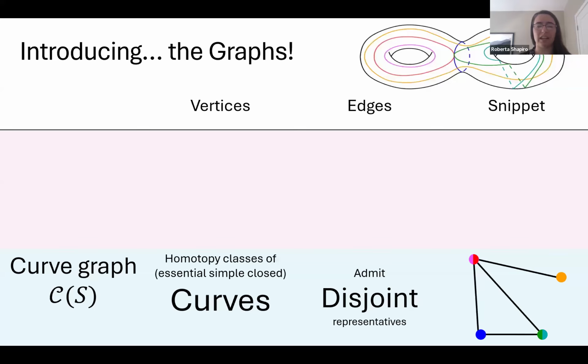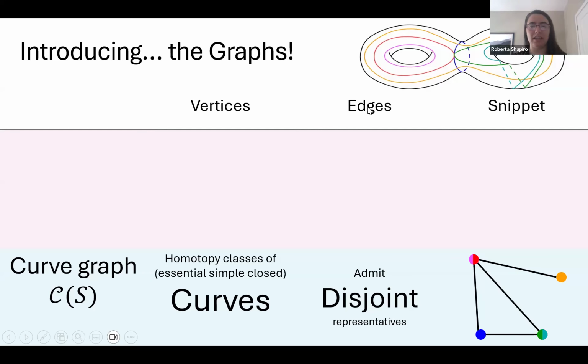A curve, on its own, is an embedding of a circle into a surface, a two-dimensional manifold. We moreover ask that these circles are essential, which means that they do not bound a disk in the surface. And finally, we put an equivalence relation on them, so homotopy classes.